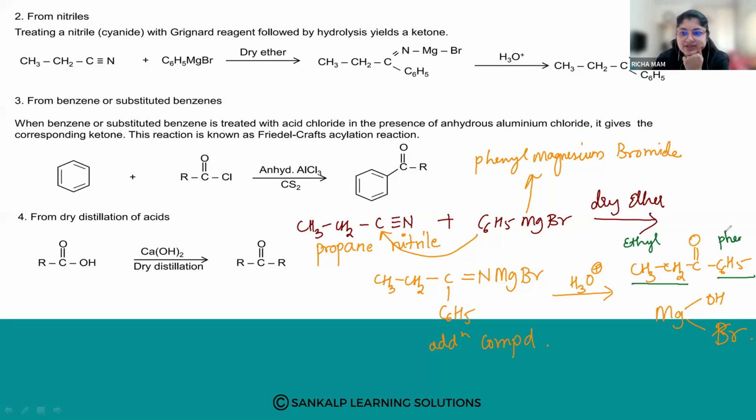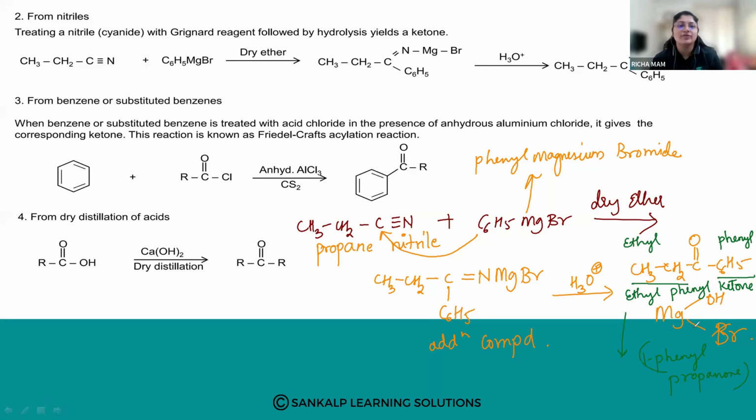Which will come first? Ethyl will come first, right? Ethyl phenyl ketone. So this is the name of the compound. Or you can also write it as 1-phenyl propanone.